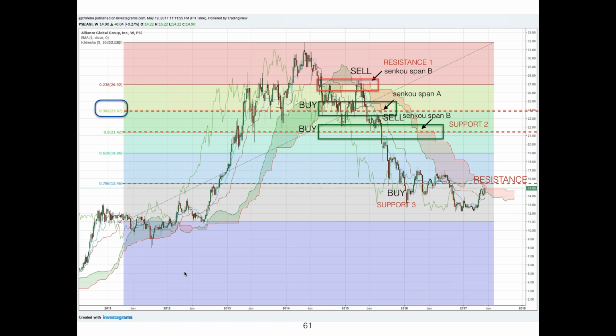This is also where we find the Senkou span A along with the 78.6% Fibonacci level. The bounce at this level was weak. Now when price breached below that level, that same level became its resistance.